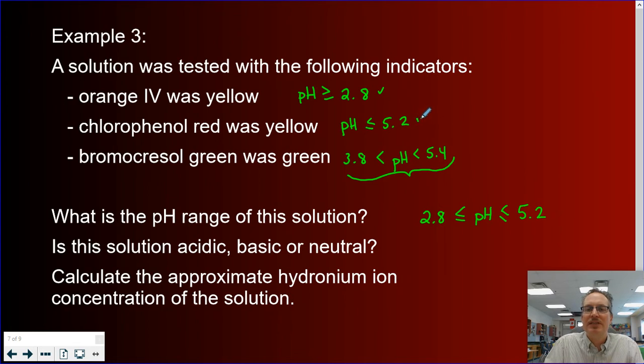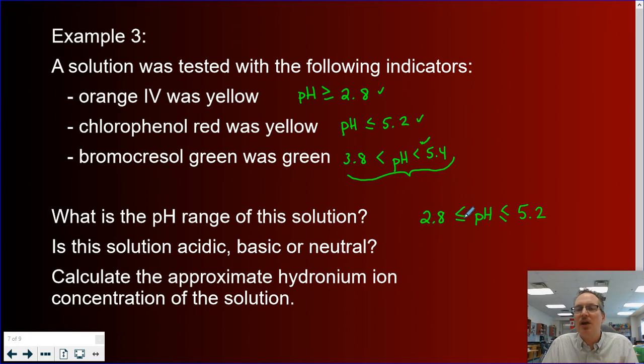So we've used our second clue. Third clue, our pH is less than 5.4. Well, we know it's less than 5.4 because we already know from clue 2 that it's less than or equal to 5.2. So if it's less than 5.2, of course it'll be less than 5.4. This didn't give us any extra information, so we're just going to put a check mark and go thank you. And then last but not least, pH is greater than 3.8. Well, we currently know that the pH is greater than 2.8, but this is going to tighten our pH range a little bit better.